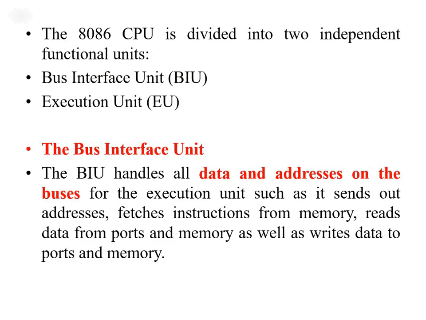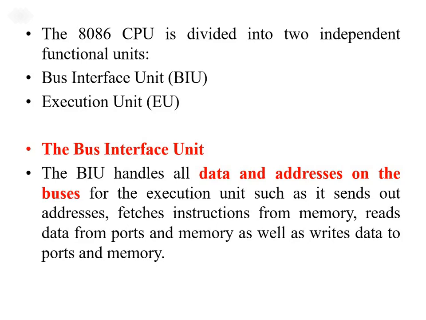Just now in the diagram I showed you the two functional independent units of the 8086 CPU, that is the bus interface unit and the execution unit. So let's start with the bus interface unit. This unit handles all data and addresses on the buses for the execution. It sends out addresses, fetches the instructions from memory, reads data from ports and memory, as well as writes data to the ports and memory.